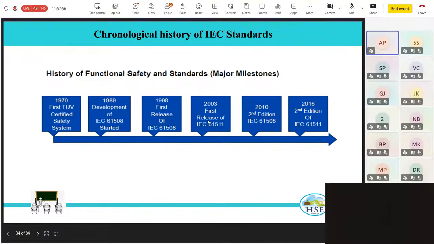In 2003, the first release of the IEC 61511 standard happened. In 2010, the second release of IEC 61508 happened. And in 2016, the second edition of IEC 61511 happened. These are revisions, and we are expecting that very shortly, maybe 2026 or 2027, the third revision of IEC 61508 will come forward.